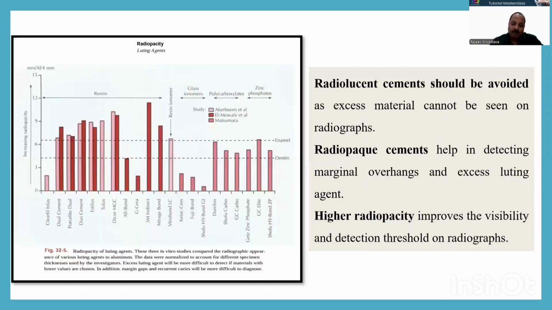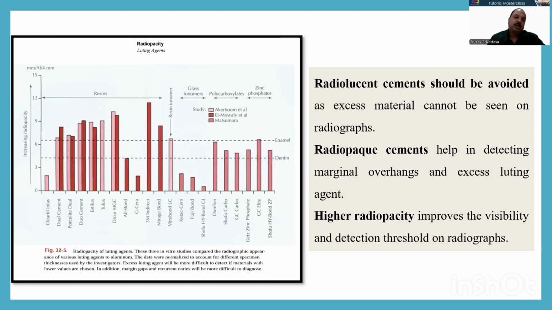One more thing I would like to add here: if you are using cements, and the cement has not been removed from the margins of the crown, it will again lead to inflammation. Especially if you are using resin cement for a long period and you have not removed it properly, it will cause inflammation and the patient does not return to you within a particular period of time.